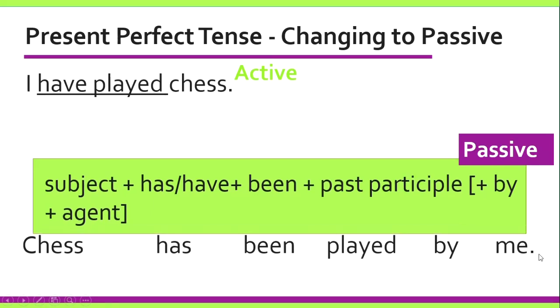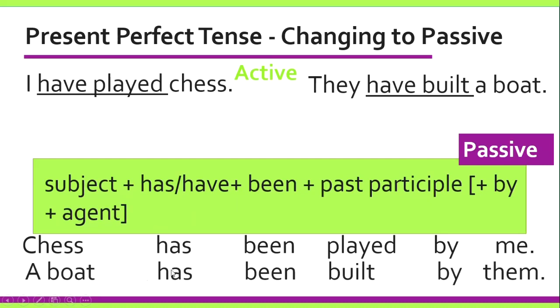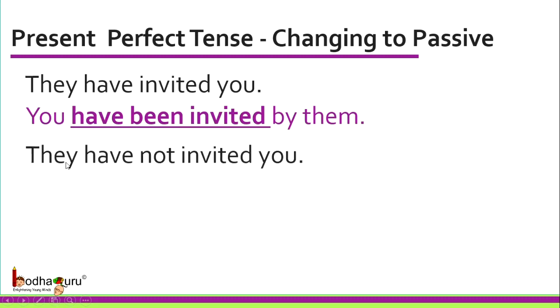Let's take another sentence. They have built a boat. How do we change it to passive? A boat has been built by them. So remember how to change present perfect tense to passive voice. More examples. They have invited you. How do we change it to passive? You have been invited by them. Another sentence.